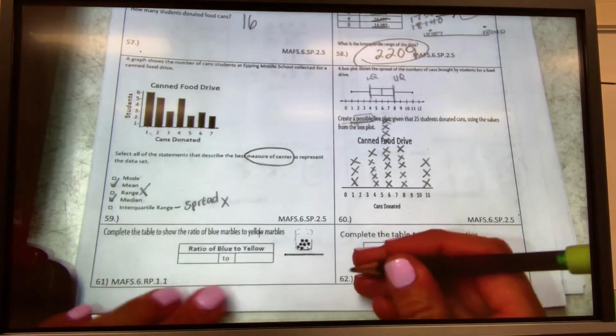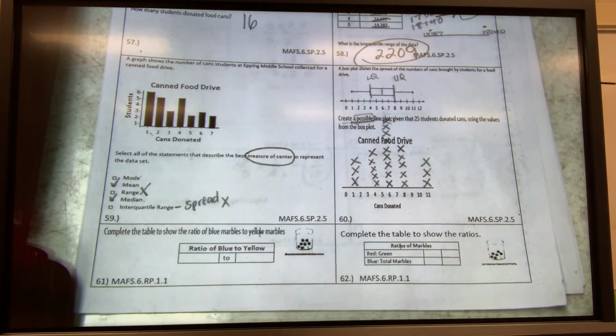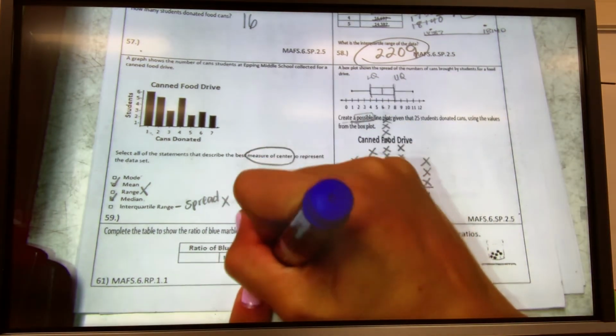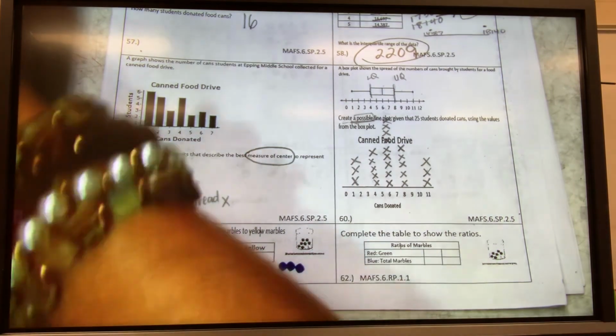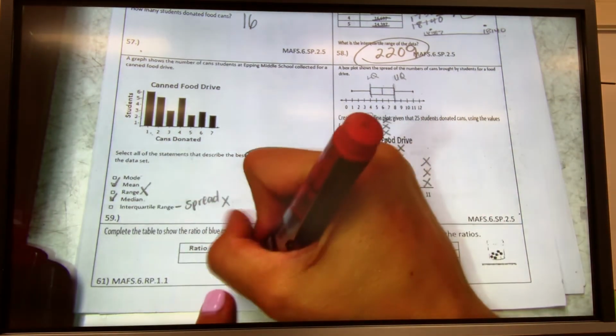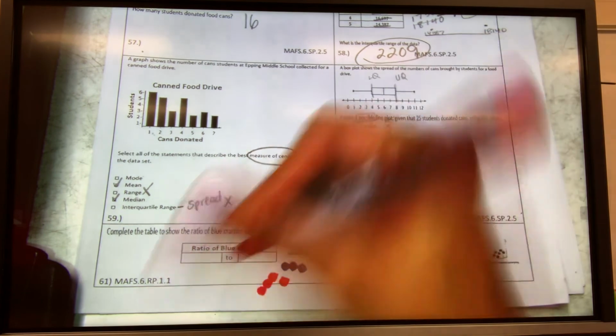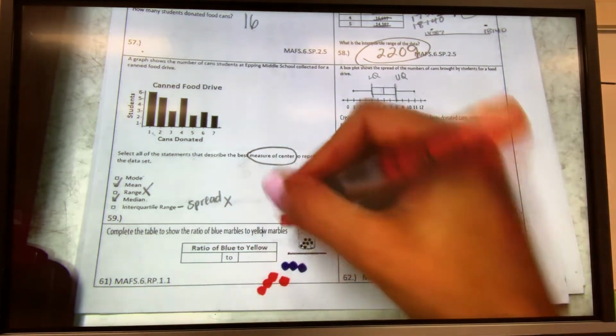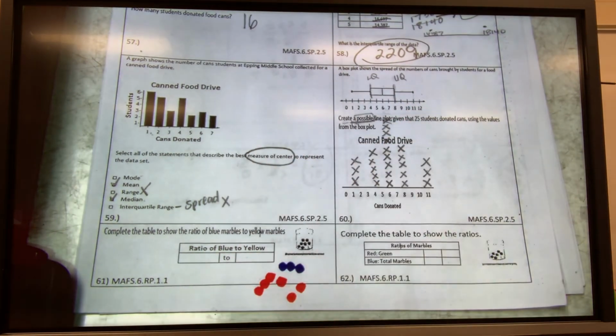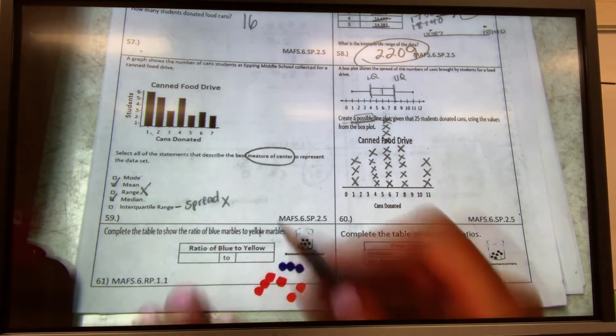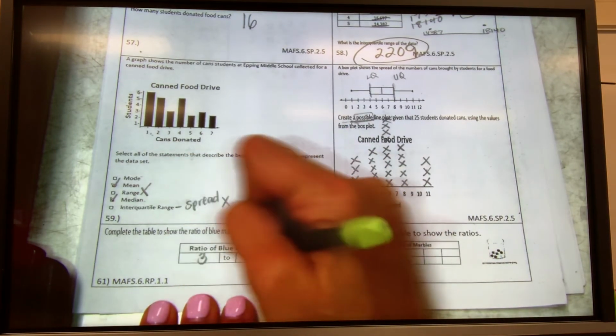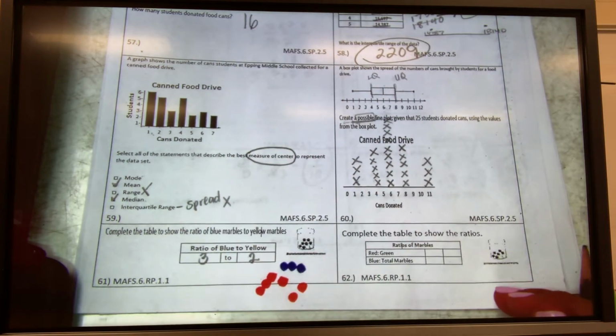All right. Next one says complete the table. So this one is going to look like this. These are markers. So you got 3 blues, 4 reds, and I'm going to use orange for yellow. Okay, so for this one, blue to yellow, 3 to 2. Okay, for that one. This is orange.